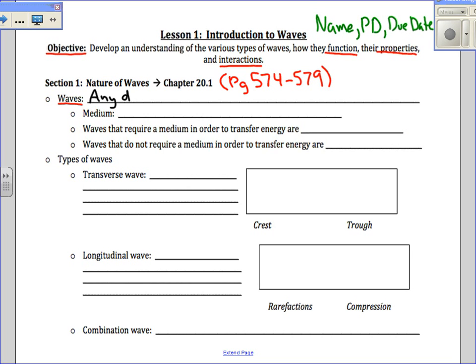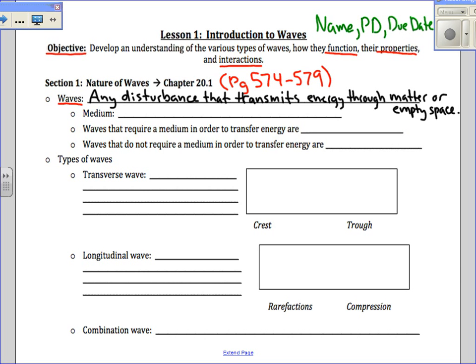So any disturbance that transmits energy through matter or empty space. Okay, so these are more than just your common water waves.